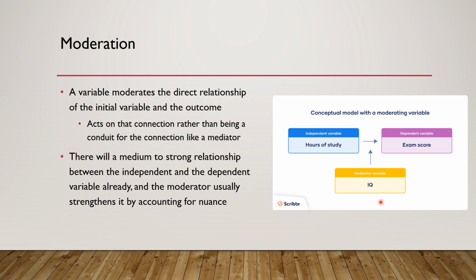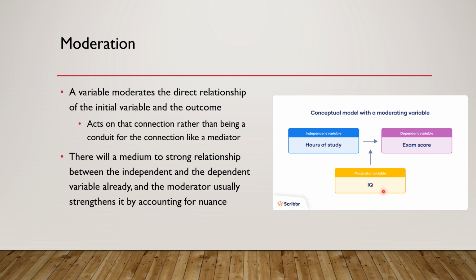Unlike the mediator, where I don't have a connection between these two at all, or it would be very weak, in the case of a moderator there's already a fairly significant connection here, and it gets further explained when I include the moderator variable. So it's accounting for nuance.